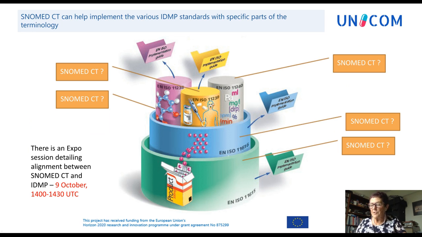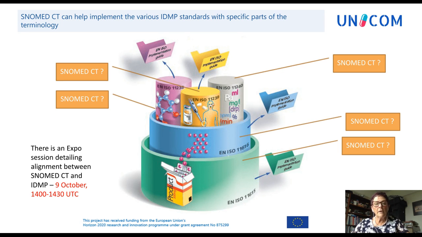I'm going back to the diagram which Robert was referencing. You can see here again the 5 standards he was talking about. And in this presentation, there is no time to go into great detail, but this has been taken into account in the development of the SNOMED drug model and its implementation in national extensions in our member countries.